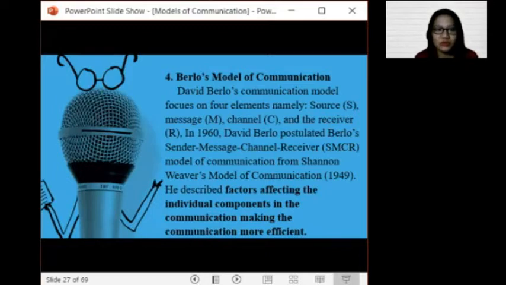And this model of communication describes factors affecting individual components. Those are the source, message, channel, and then the receiver in making the communication effective. And also, since Berlo's SMCR was based on the Shannon-Weaver model, it also has different elements.